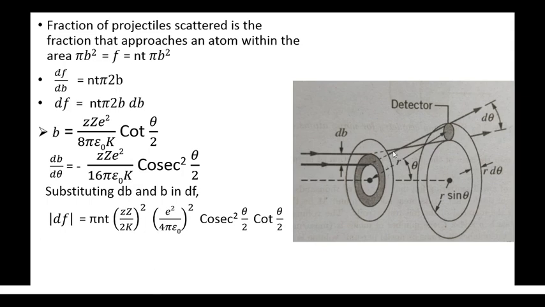So from here the scattering is like this, and from the top portion the scattering is like this, and this small scattering angle is d theta. Initially, this is the alpha particle coming and this is the impact parameter b, and it gets deflected through an angle theta. Now we are considering a small area around b having thickness db, and we are watching this experiment with the help of a detector placed here.